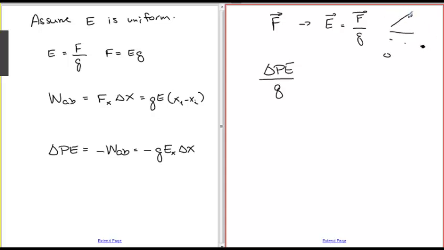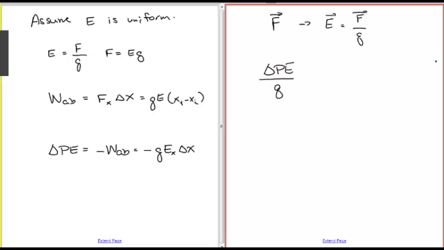Just like with force, we initially looked at the force between two particles, but with the electric field we got rid of one of those particles and asked what is the electric field at this point in space. So it's the same kind of concept.